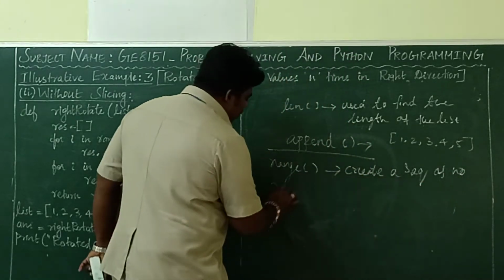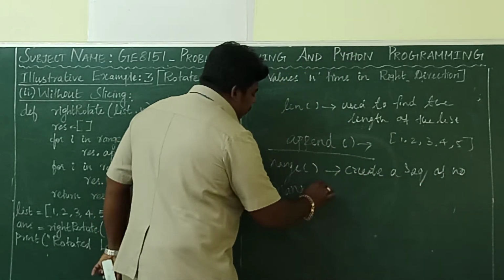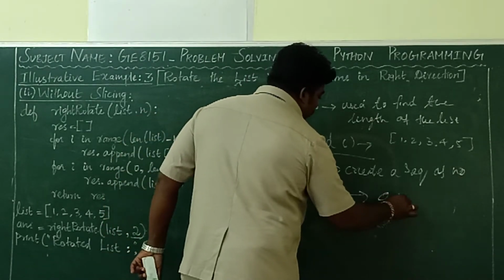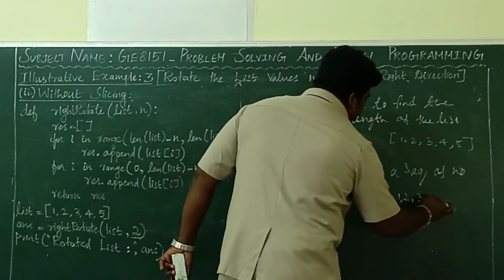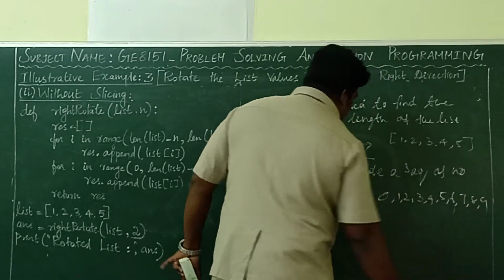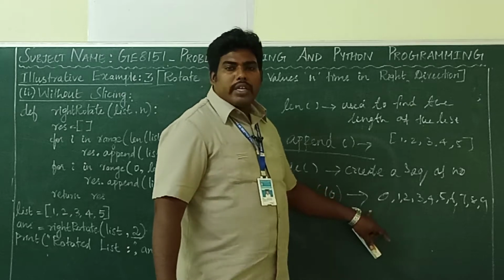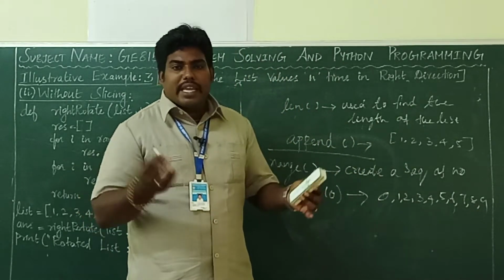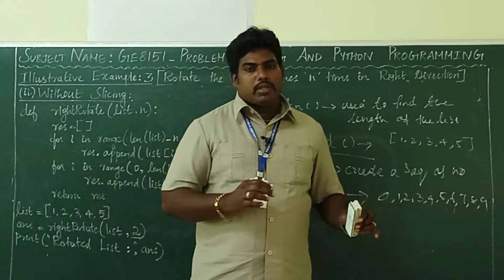For example, if I put range of 10, it will create the numbers 0, 1, 2, 3, 4, 5, 6, 7, 8, 9. As it starts from 0, it will create 0 to 9, 10 numbers.